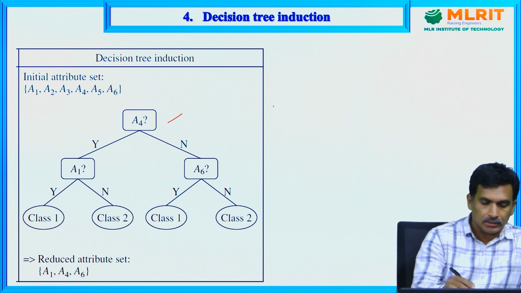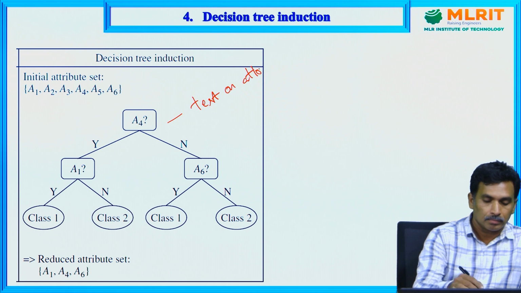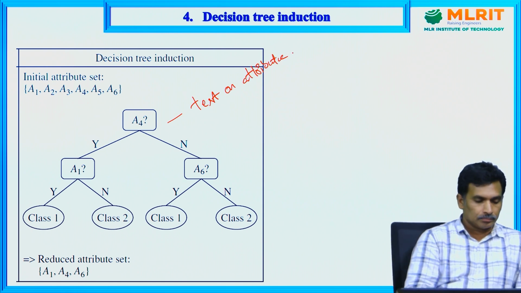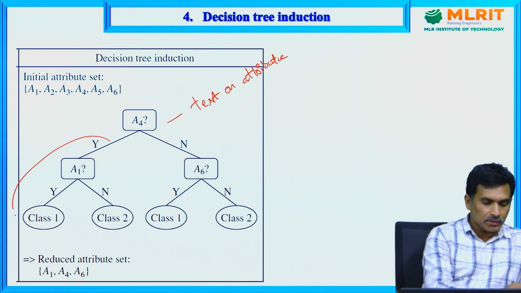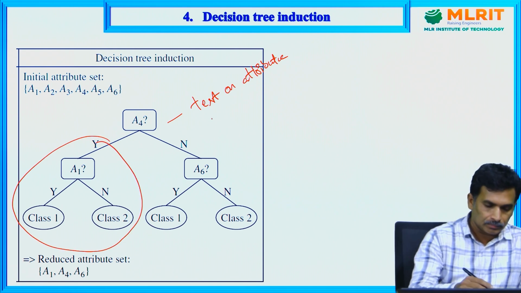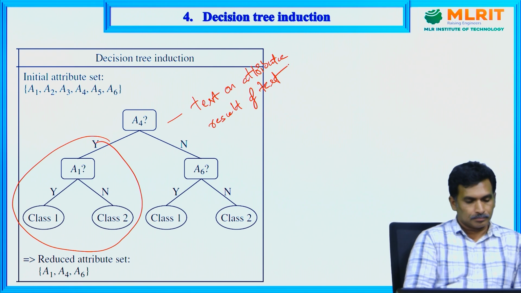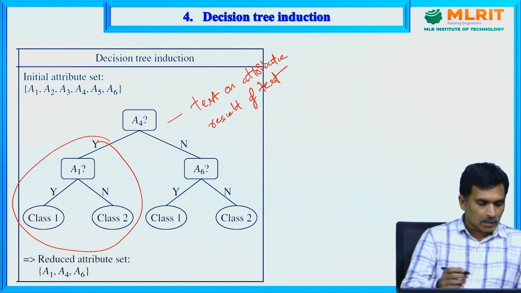The test node denotes a test on an attribute. And the branches correspond to the result of the test.